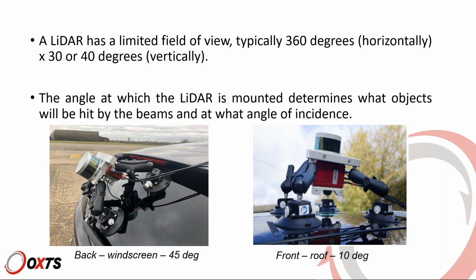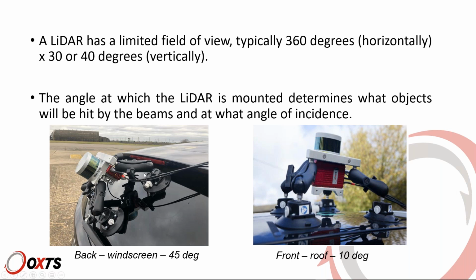So, how that limited field of view will be used, which objects, depending on where they are relative to the LiDAR, can be seen, can be hit by the beams, and also at what angle of incidence that is going to happen. All of this will impact the density and the accuracy of your point cloud.